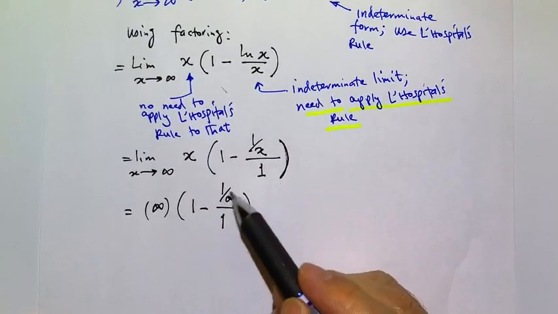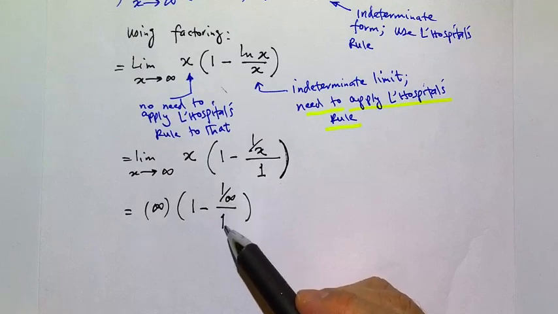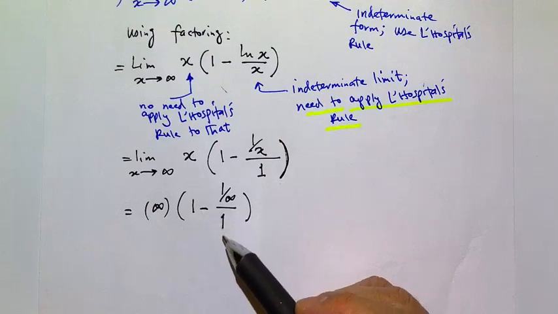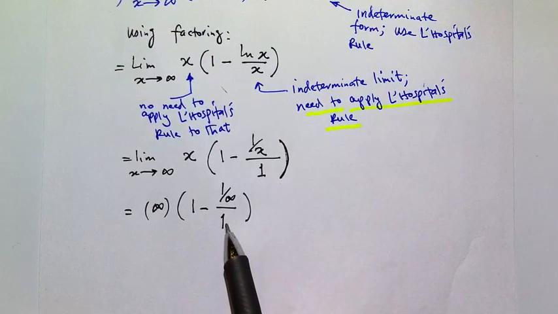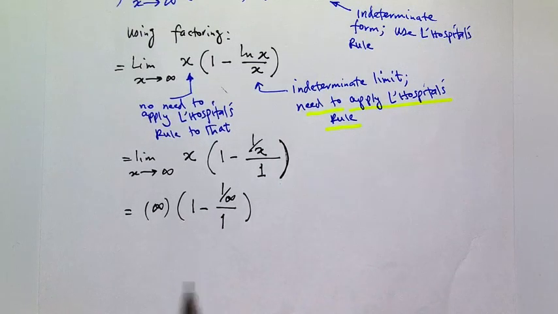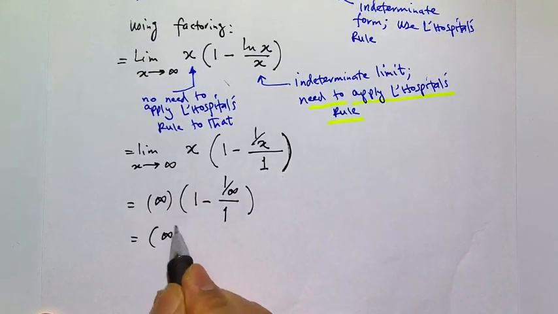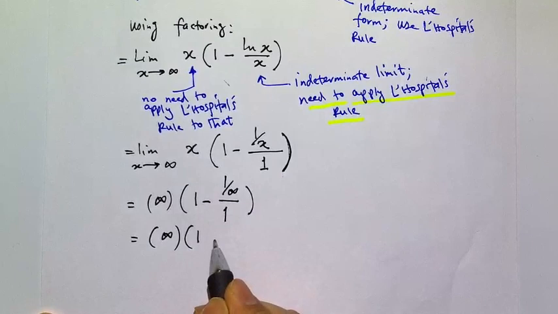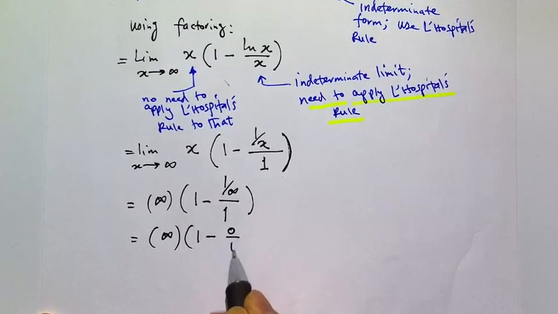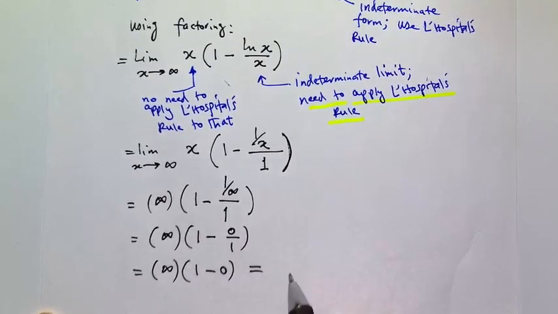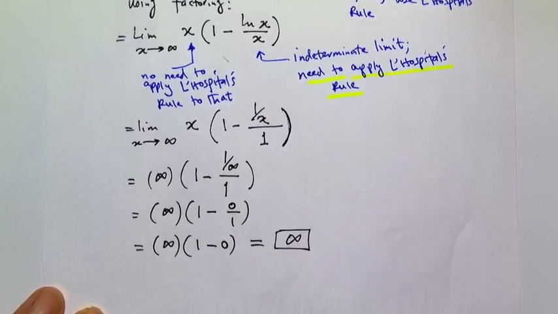Of course, that 1 over infinity is 0. Divided by 1 is 0, so we get 1 minus 0. So we have infinity times 1 minus 0 over 1, or infinity, which is the final result.